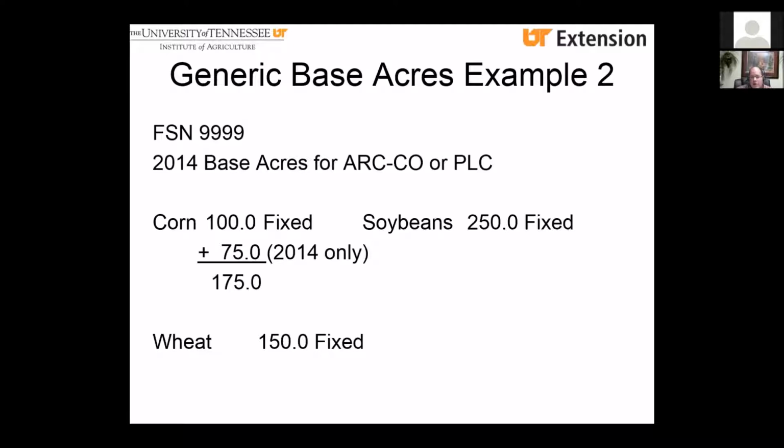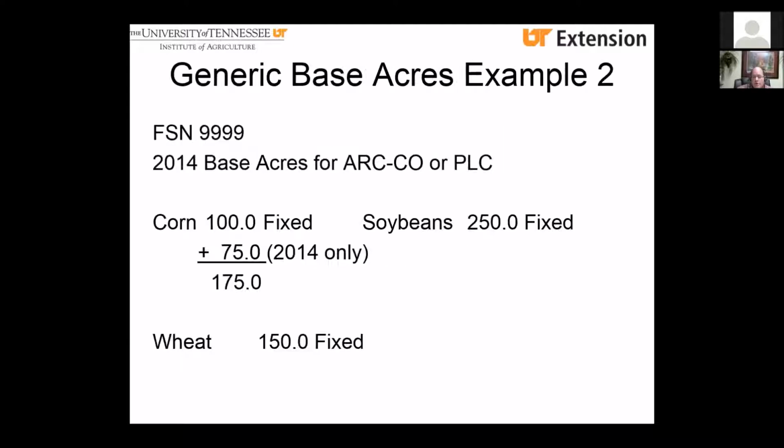We add that to the 100 acres that was a fixed base, so we have 175 acres of corn base. We still had 250 acres of beans as a fixed base. Even though we didn't plant beans this year in 2014, we still have that base. And the same with wheat: we have 150 acres of fixed base for wheat.